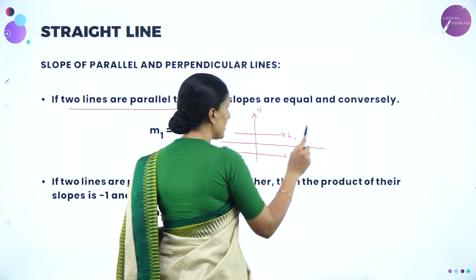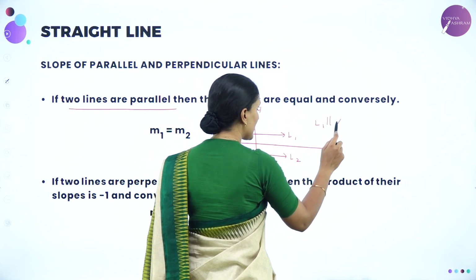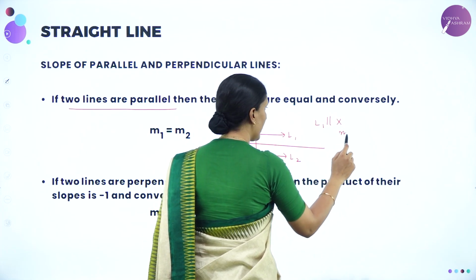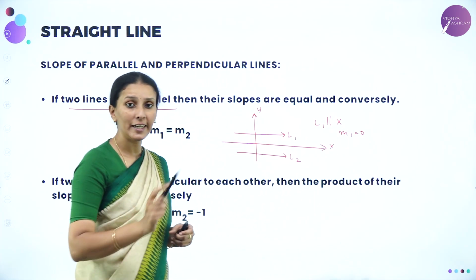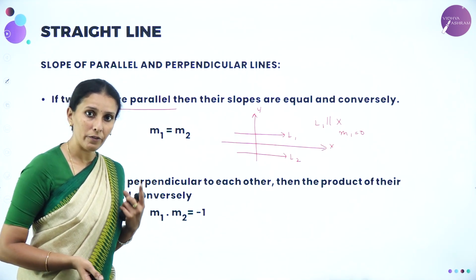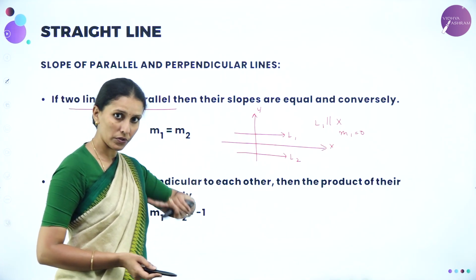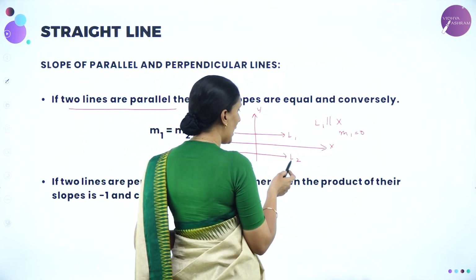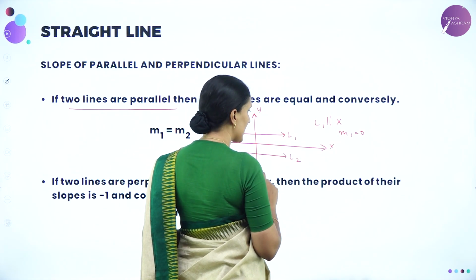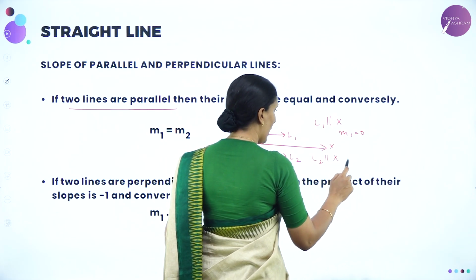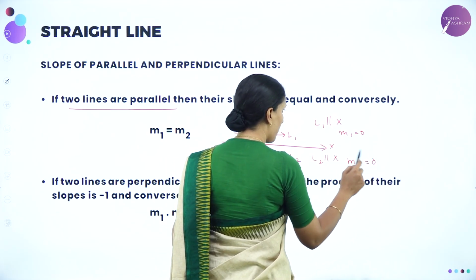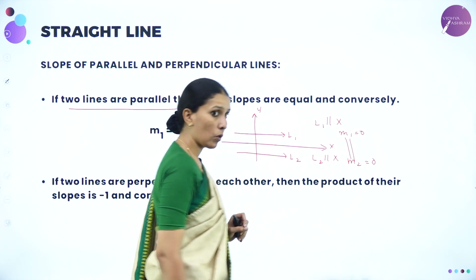Since L1 is parallel to the x-axis, the slope m1 is 0, because any line parallel to the x-axis will not intersect the x-axis. The angle between them is 0 and hence the slope is also 0. And again, L2 is parallel to the x-axis here. So, obviously, L2 being parallel to the x-axis means its slope is 0.